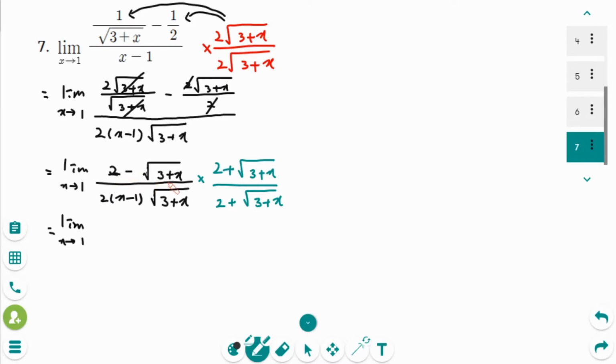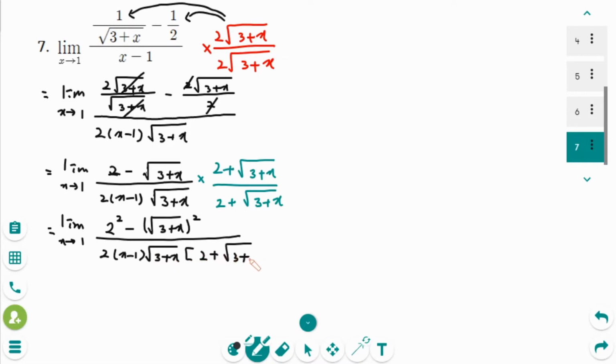So this is a minus b and a plus b form. So a squared, 2 squared minus b squared, which is square root of 3 plus x squared over, don't expand the denominator, 2 times x minus 1 square root of 3 plus x times 2 plus the square root of 3 plus x.